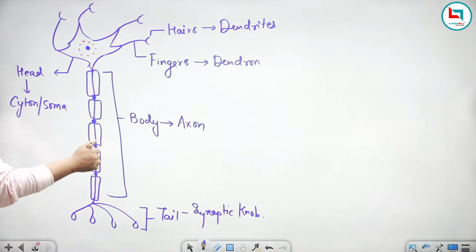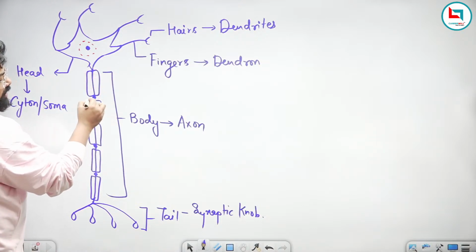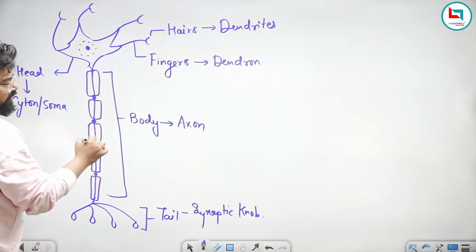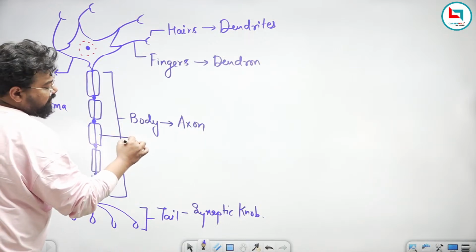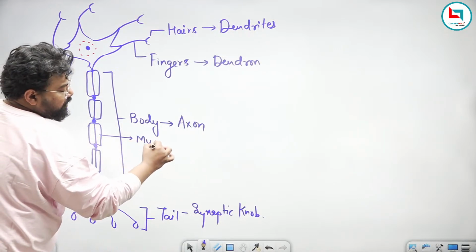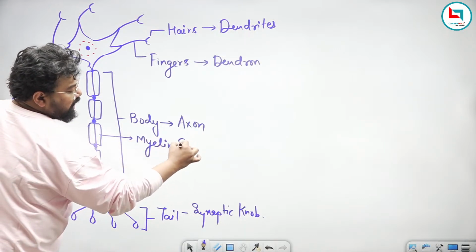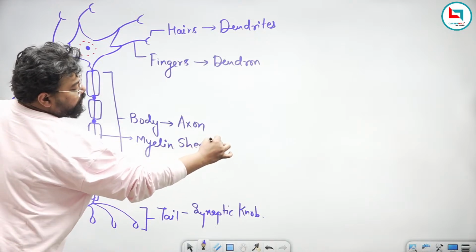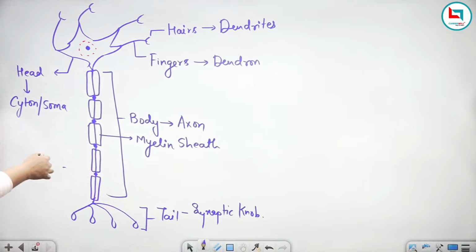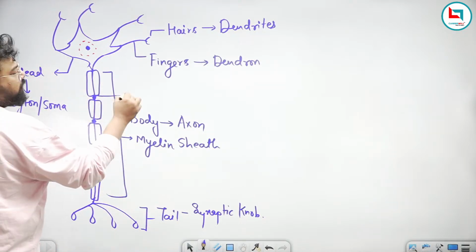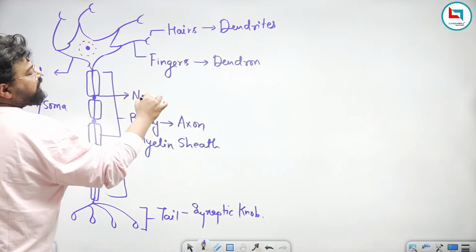Now inside the body you will find a cover. This is the cover. And this cover is said to be myelin sheath. It protects the neuron from external shock. This is the node of Ranvier.